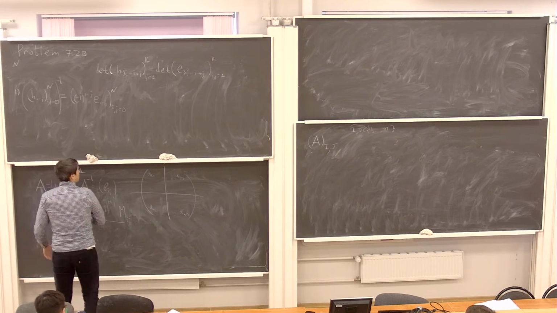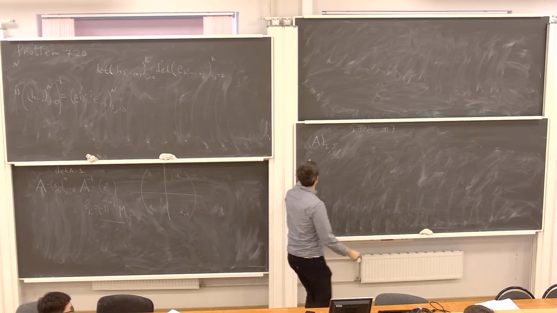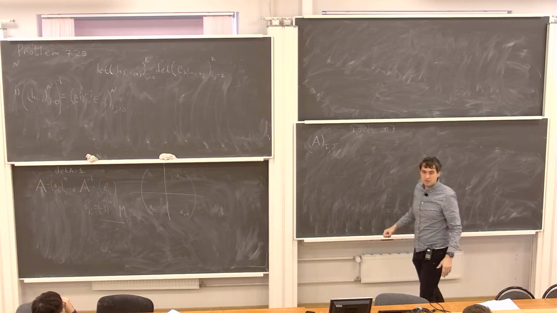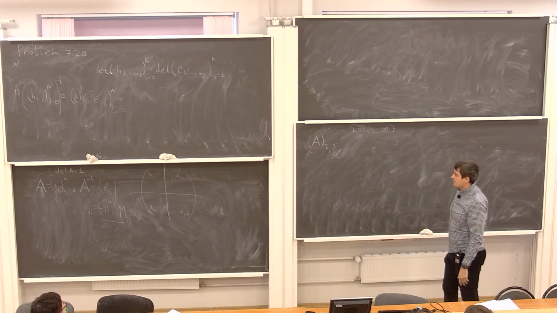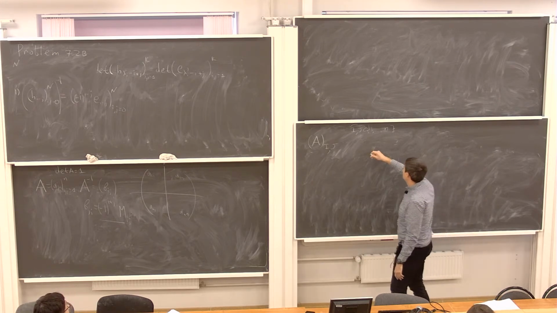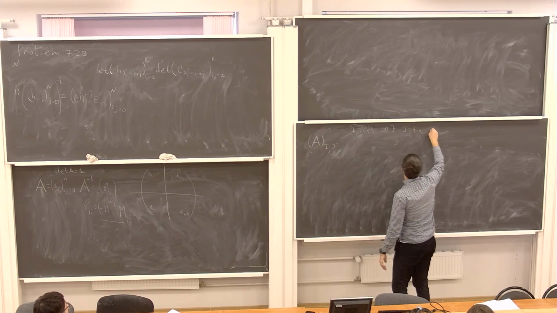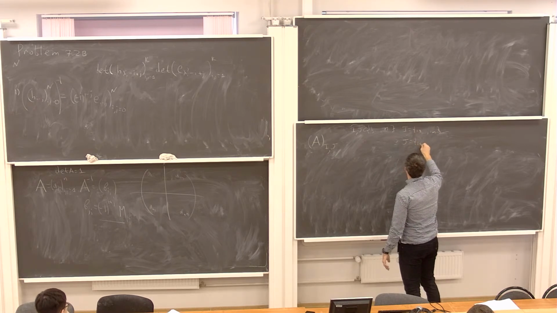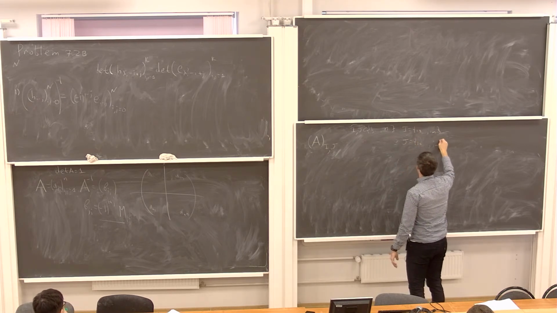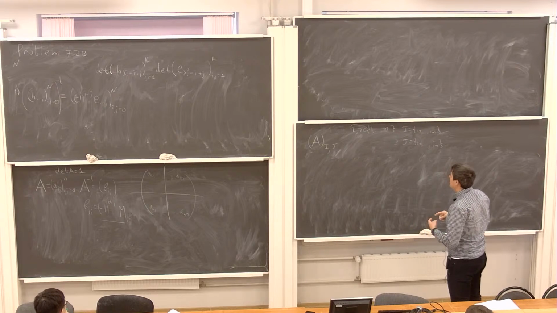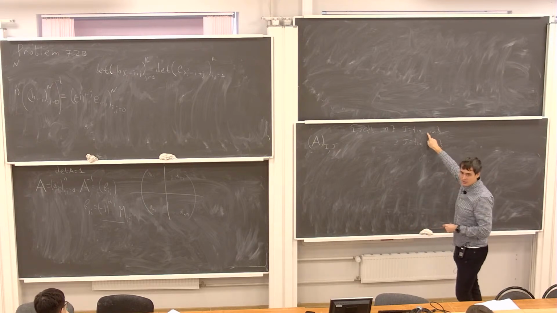You have some subsets I, J, and the minor corresponding to, let's say, i1, ..., im and j1, ..., jm. Here I only pick this and this.